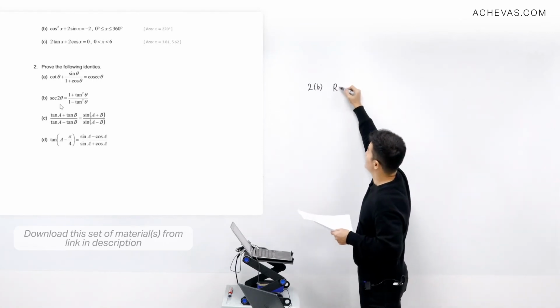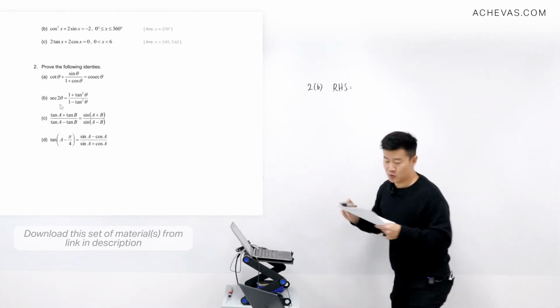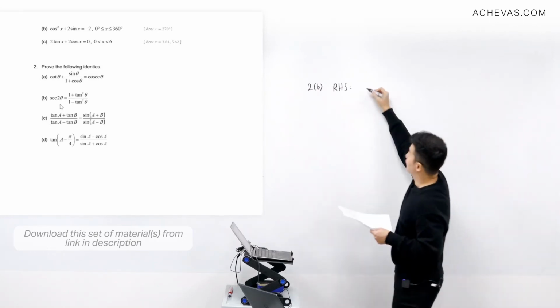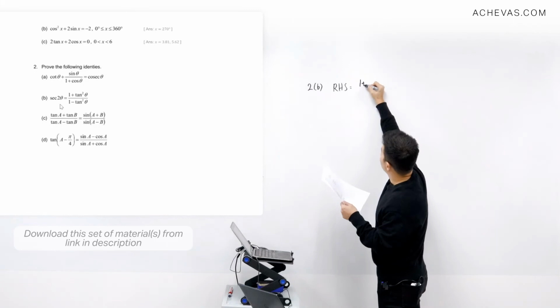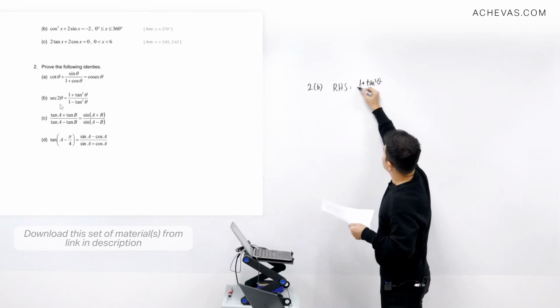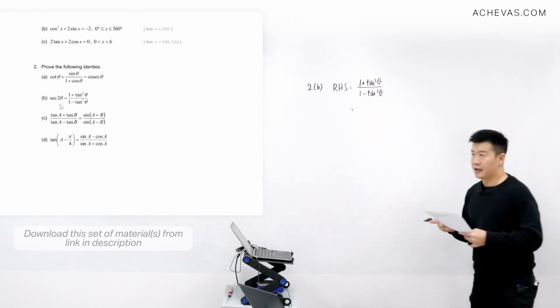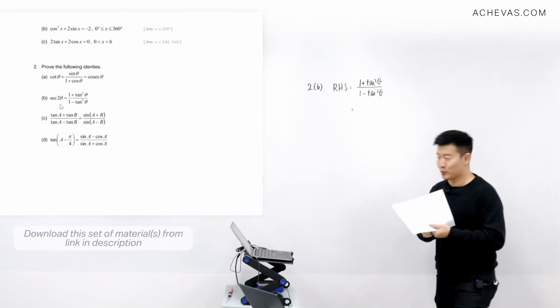So let's try to see whether we can prove our identity by starting with the right hand side. Right hand side is 1 plus tangent square theta divided by 1 minus tangent square theta. We're going to make use of identities to prove identities.